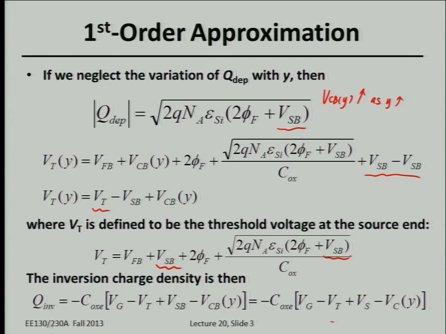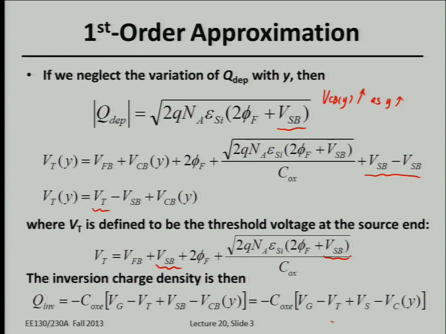Since it's not necessary for us to take into account the voltage difference between the source and the substrate, right now that's our redefined VT. And along the channel direction, VT is a function of the position you look into, right?